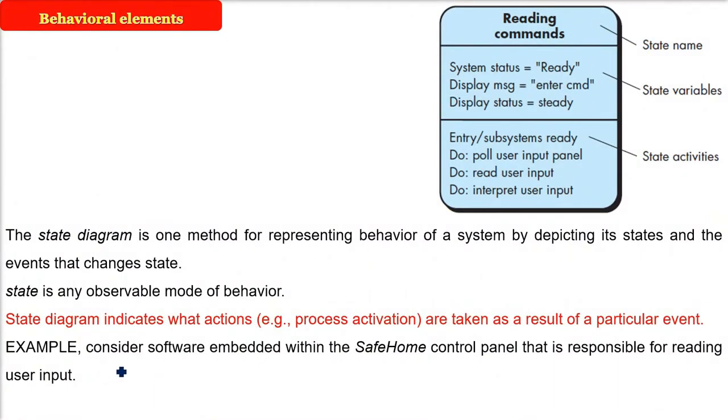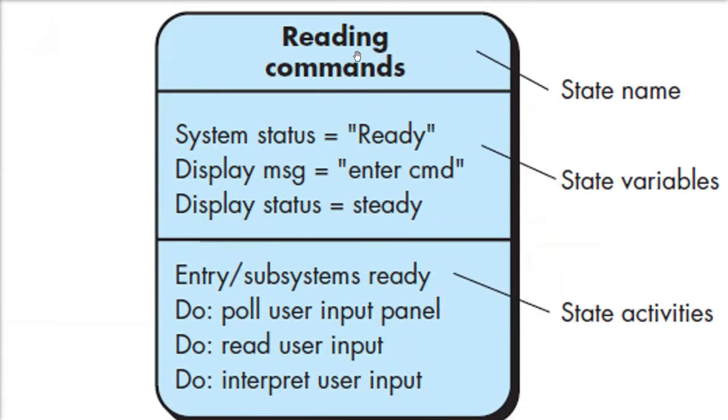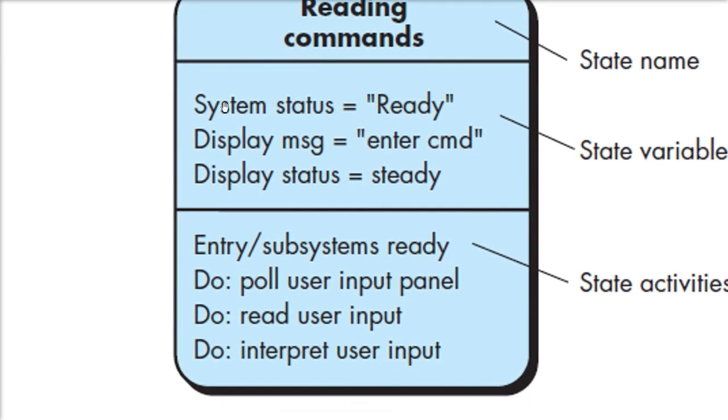For example, you have a SafeHome control panel and it is taking some input. So what are the reading commands? This is just a state diagram I am showing. The state name is reading commands. What can be the variables? What can be the functions? That is, the variables and activities.